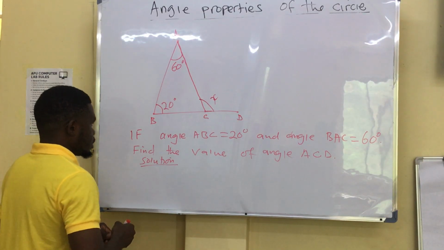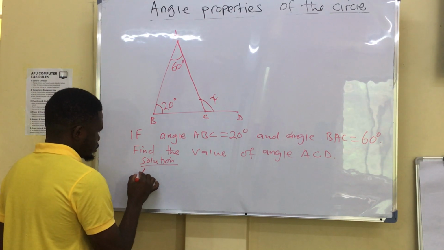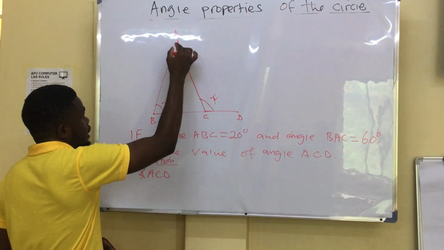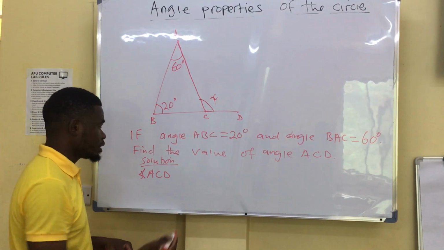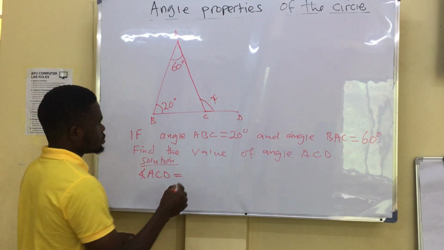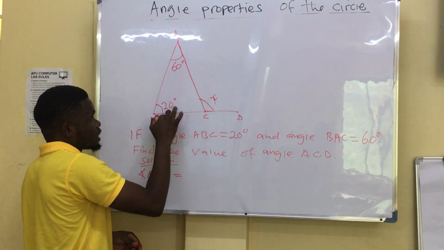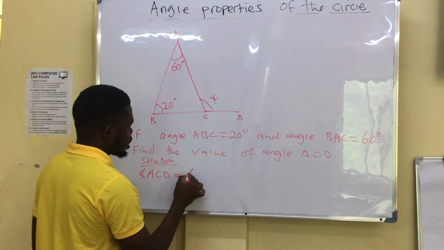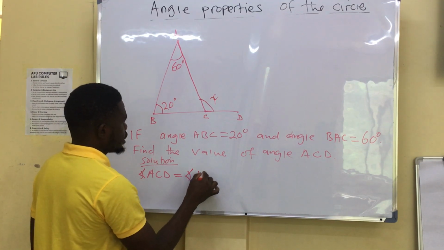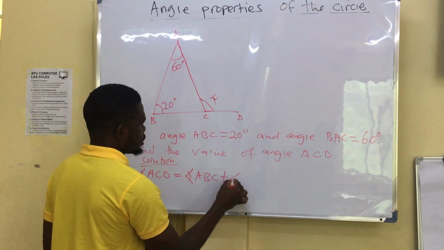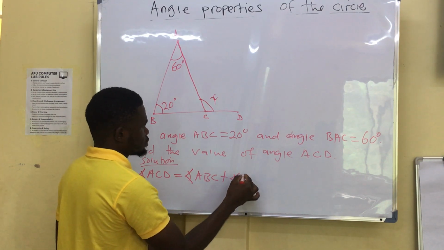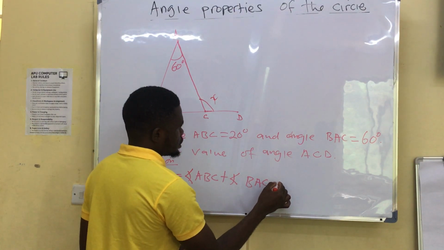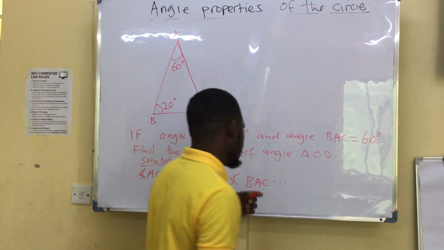So angle ACD, remember, is the exterior angle, right? It is equal to, we need to add this angle and this angle, which is angle ABC plus angle BAC. Reason, remember to put three dots here.